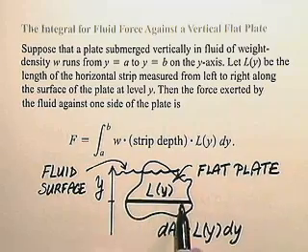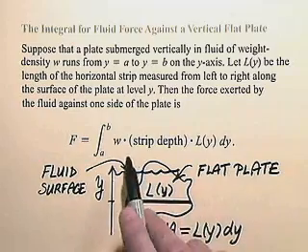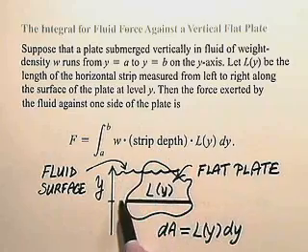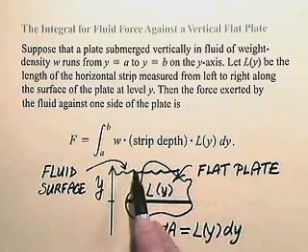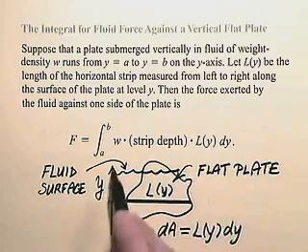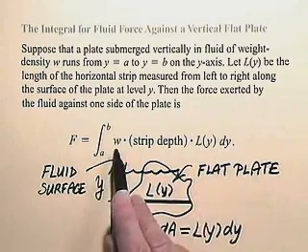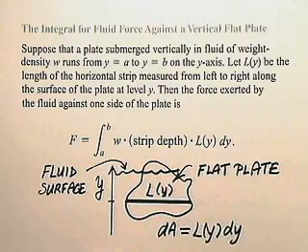And so consequently, the pressure force on that is simply the strip depth. Well, that's the distance from this level y up to the surface, which you'd have to compute in terms of your vertical coordinates, times the L of y dy times the weight density of the fluid.